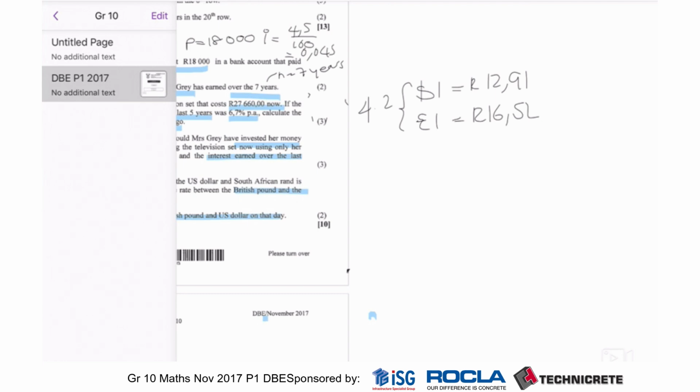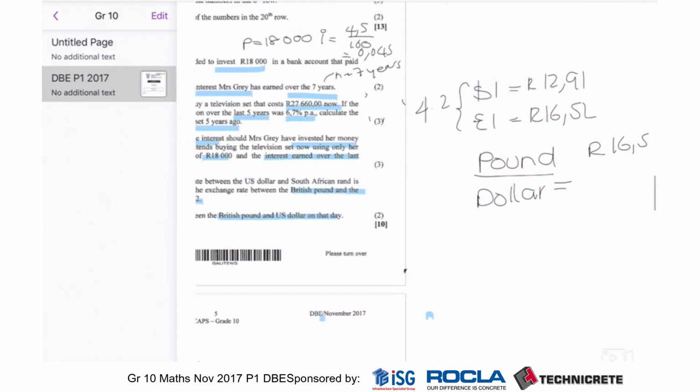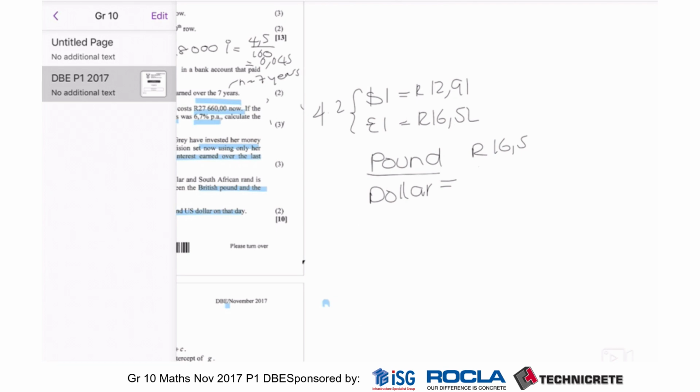So it's going to be pound over dollar, which is 16 rand 52 over 12 rand 91, and that is equal to, because we know the pound is higher, 1 pound is equal to $1.28.